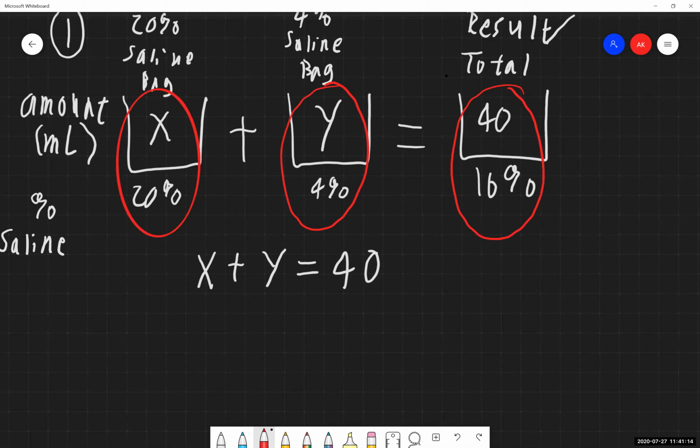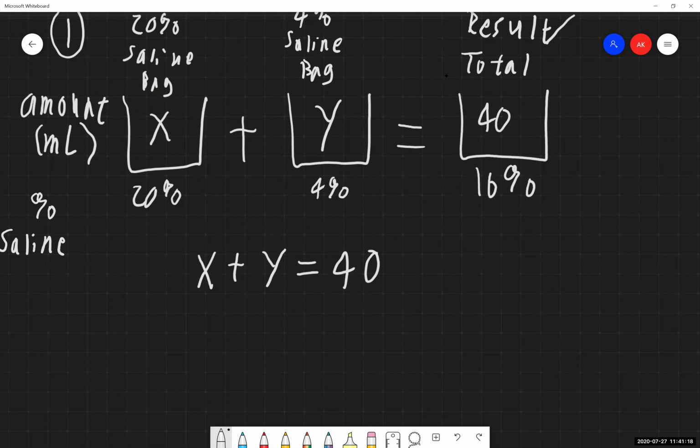So the way we're going to go about doing this, we need to multiply the percent of our first bag that is saline plus the percent of our second bag that is saline, which is going to give us what percent of our final result should be saline in milliliters. So what that's going to look like, I need to first rewrite my percentages into decimals.